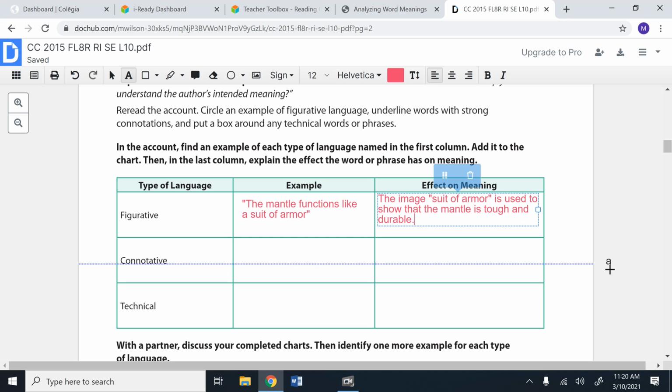Now, in regards to connotative words, we did underline the word amazing, which I will put into the chart. And the effect that this word had on the meaning is that the word gives mollusks a positive feeling by showing that the author admires them.